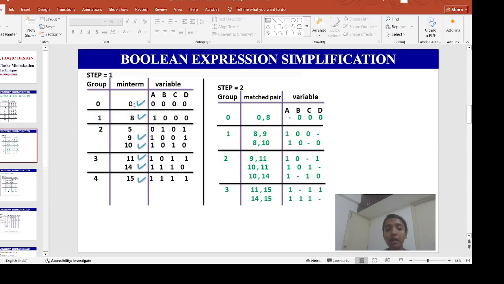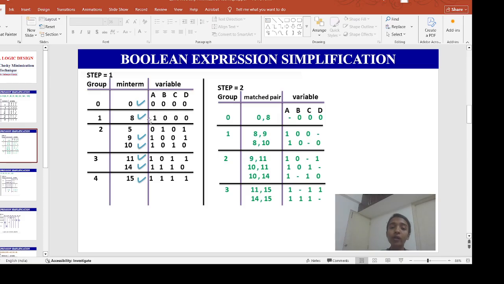Now we have to compare the nth row with the n plus 1th row, and identify whether there is any mismatch in the variables or not. Only one mismatch is allowed.